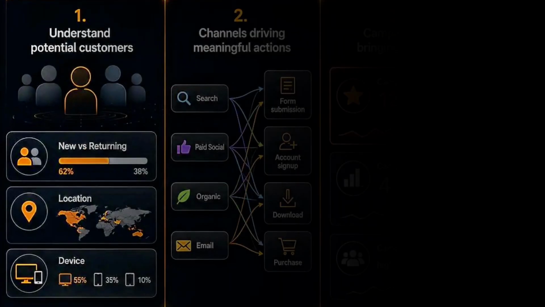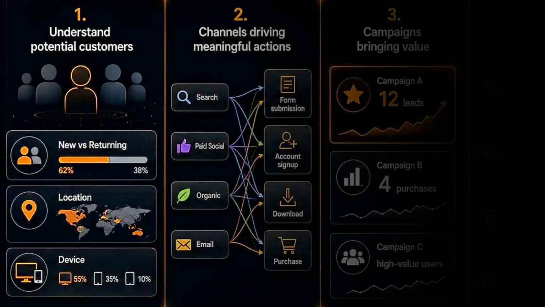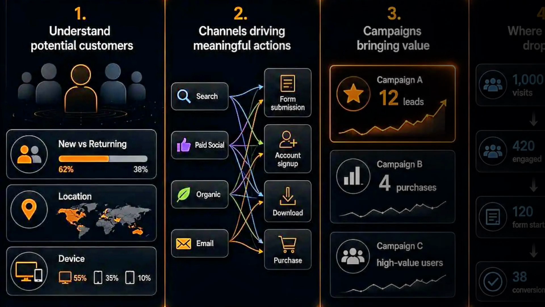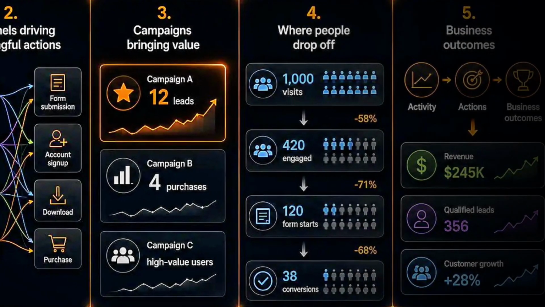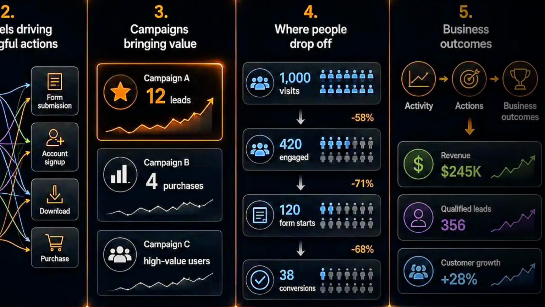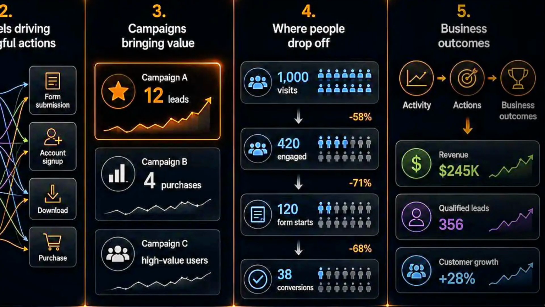That is why GA4 matters for marketing. When it is set up properly, it helps you understand who your potential customers are, which channels are driving meaningful actions, which campaigns are bringing valuable users, where people are dropping off in your conversion funnel, and what activity is contributing to business outcomes.